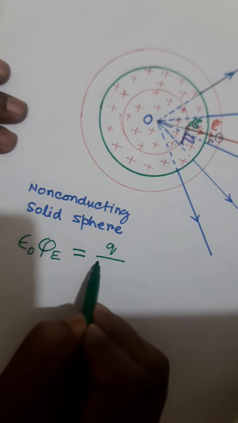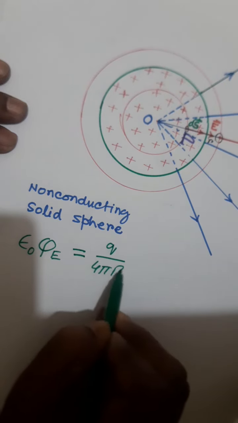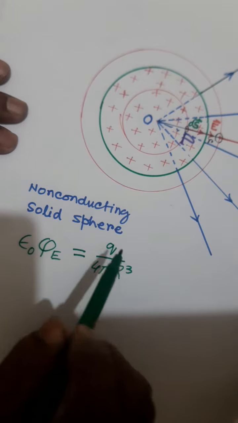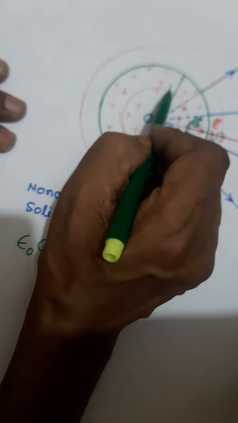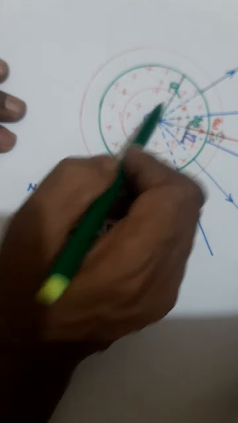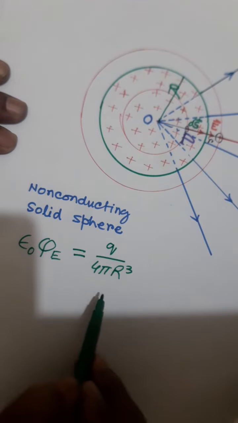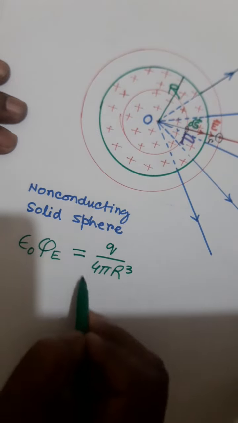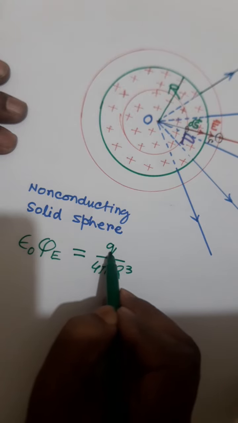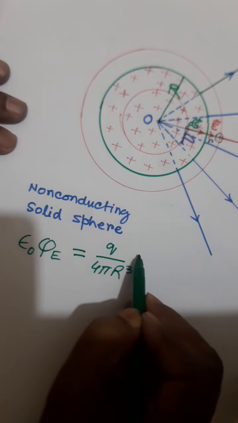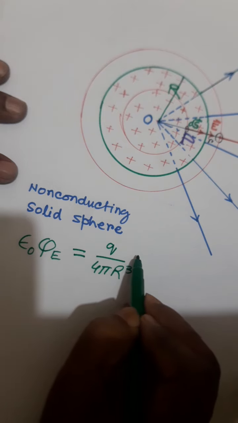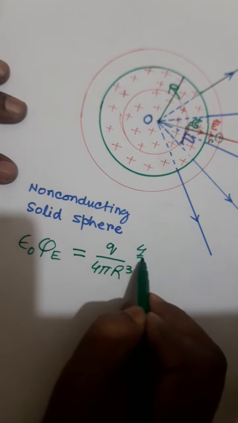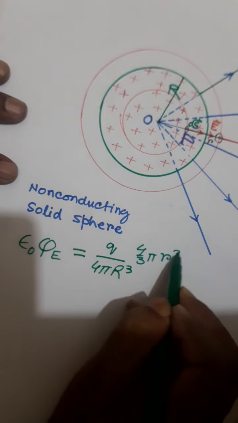This is Q divided by 4 by 3 pi capital R cube, where R is the radius of the non-conducting solid sphere. This is the charge per unit volume, into the volume inside the Gaussian surface, which is 4 by 3 pi small r cube.